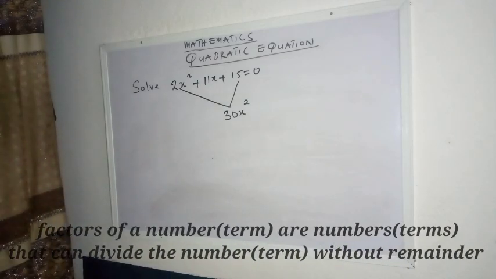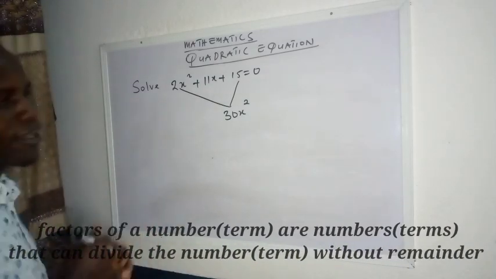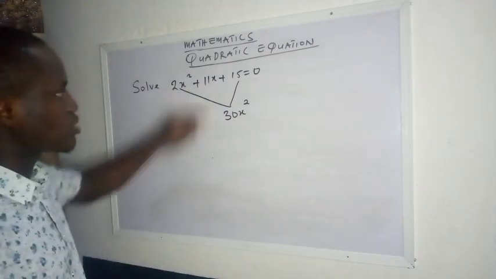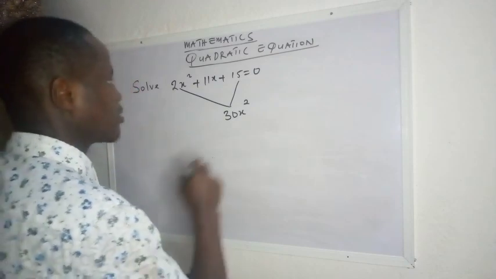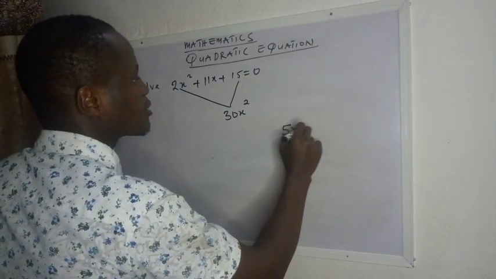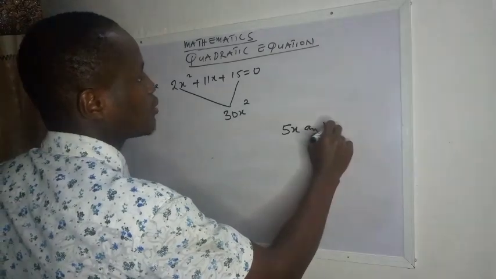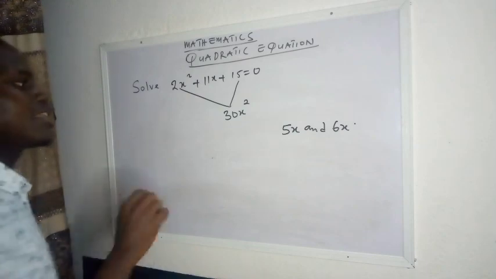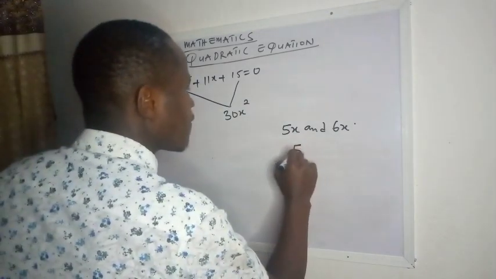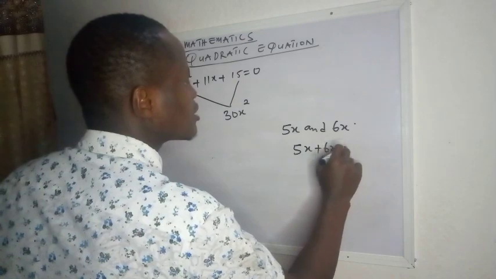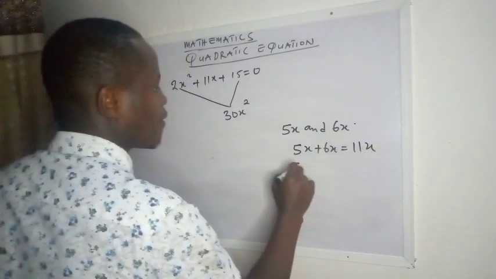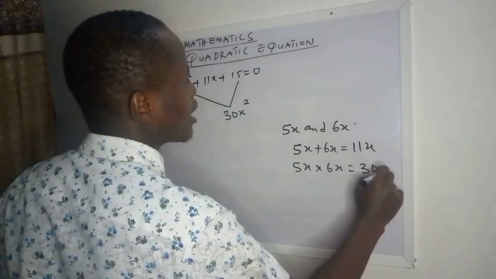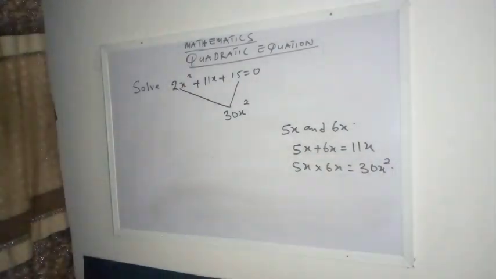The factors of 30x squared that will give us 11x when we add or subtract would be 5x and 6x. Now why 5x and 6x? It is 5x and 6x because 5x plus 6x is equal to 11x, and 5x times 6x is equal to 30x squared. Are you seeing it now?